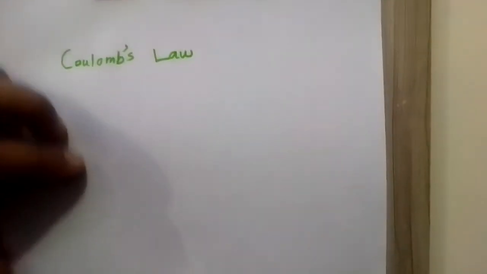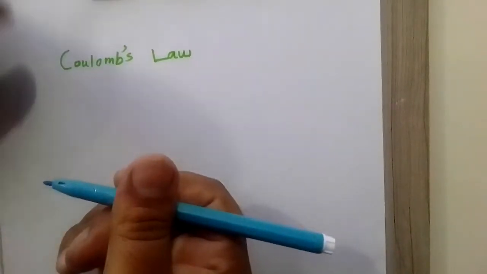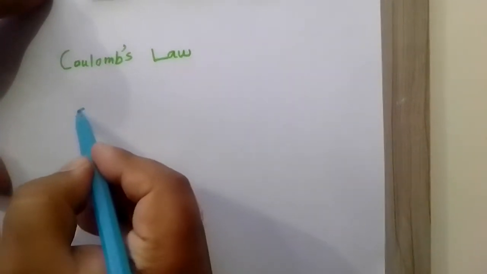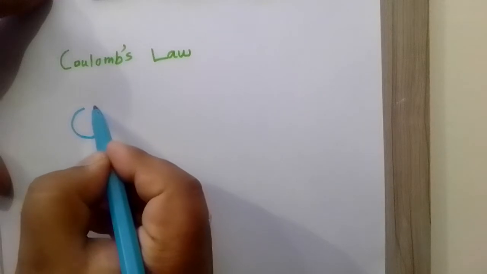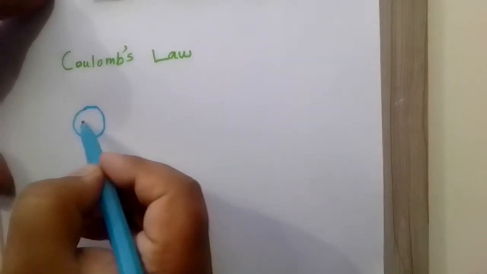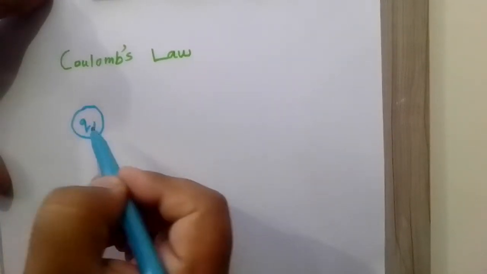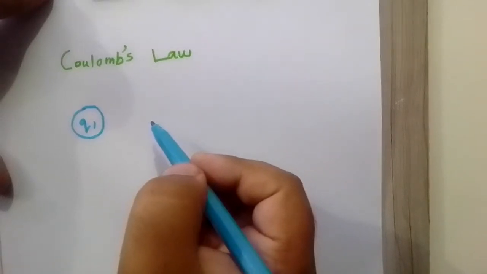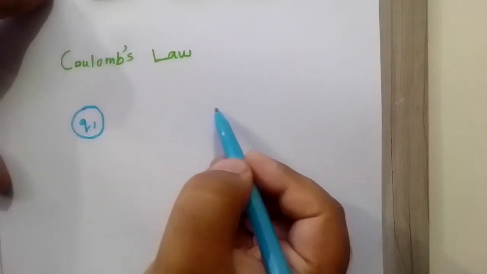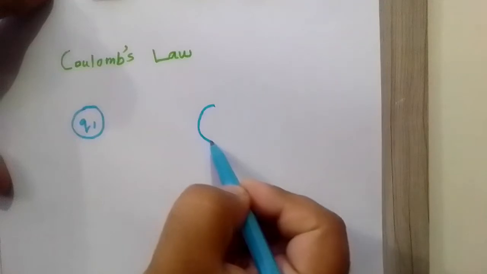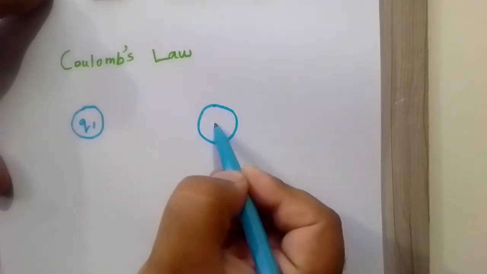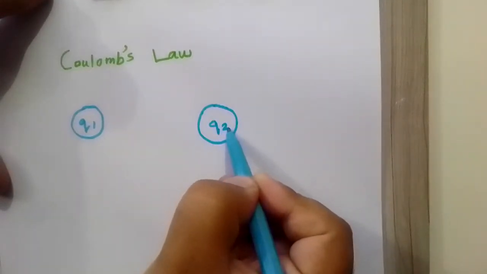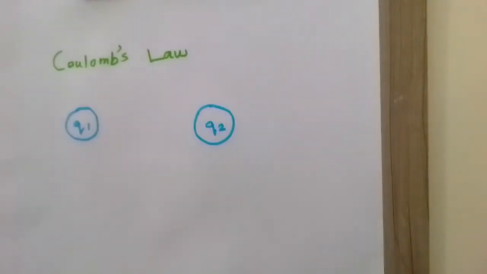Okay, so let us say we have a charge. This is a charge q1. It can be either positive charge or negative charge, and here we have charge q2. q2 can be either negative or positive charge.